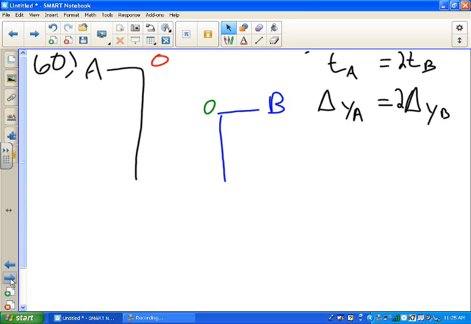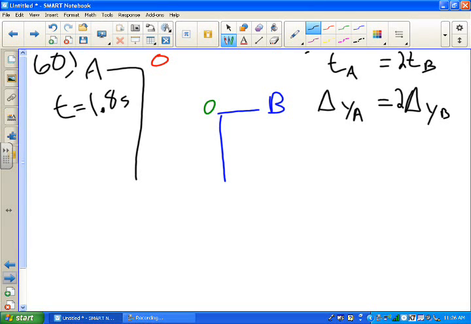Now, what this is based on is that some of our displacement equations have the time squared. So they give us the exact time it takes for an object to fall from cliff A. If it takes 1.8 seconds to fall from cliff A, how long would it take the same object to fall from cliff B?